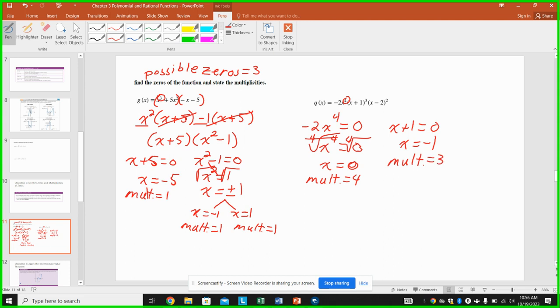Then you would take the next factor, x minus 2, equal to 0. And what does x equal? 2, right? Because I would add 2. What's the multiplicity? 2. Very good.